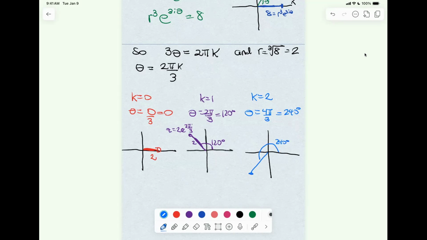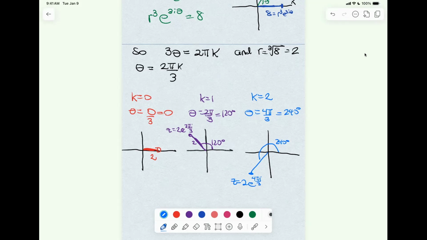So this point would be, according to Euler's formula, 2 times e to the 4 pi i over 3. Is that okay, is everyone with me?